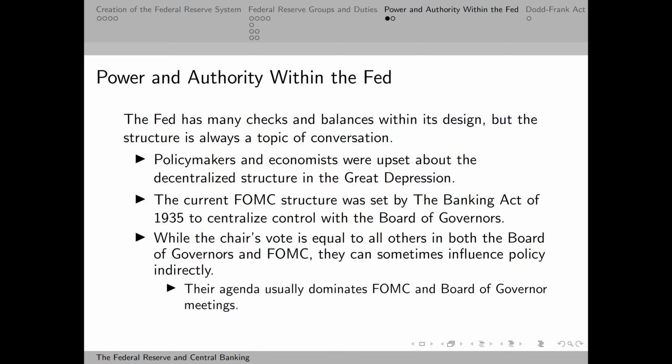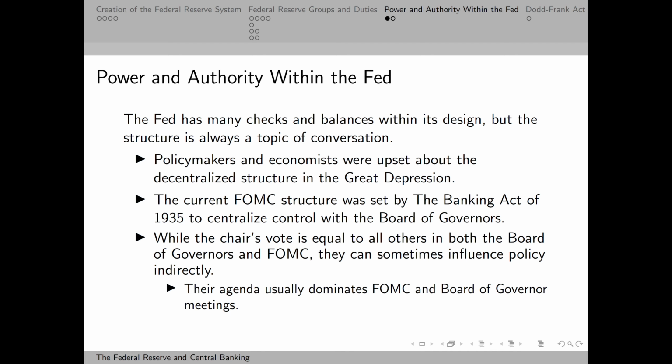And so, in the original charter for the Federal Reserve Act, there actually wasn't the modern FOMC structure, and that was set in 1935. The idea behind that was to give more control to the Board of Governors so that we could get a little bit more decisive action in the Fed to respond to recessions.